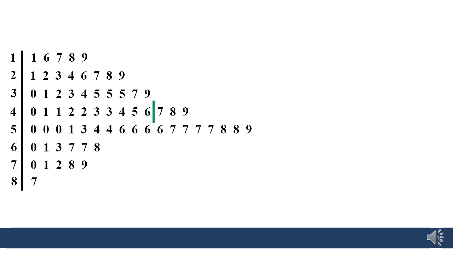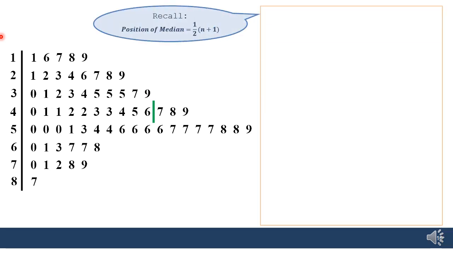Now that we know the median, let's work out quartile 1 and quartile 3. Again, we could just count, but it's not easy to count on a stem and leaf diagram, and it's not easy to count when you have a lot of data values. So rather, we're going to make use of a formula again. Remember that for the position of the median, we use this formula, half of n plus 1.